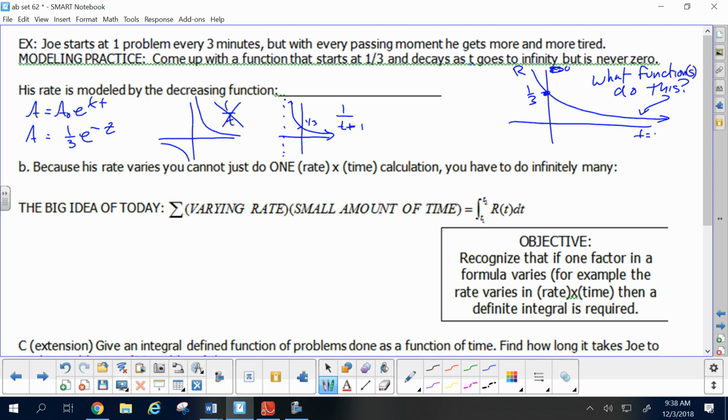We want when time equals 0 for the rate to be 1/3. So if I just stuck a 1/3 there, at time 0 we'd be good to go? The rate's 1/3? Okay, so there are two possibilities. This one or this one. Either one would accomplish both goals: at time 0 the rate is 1/3 and it decays.